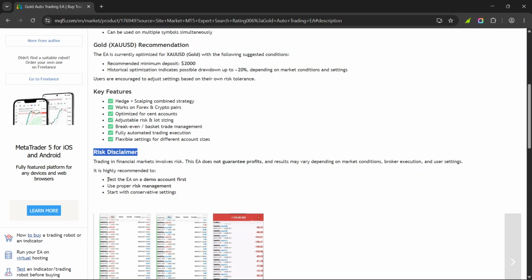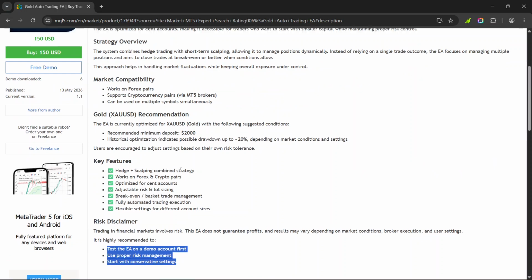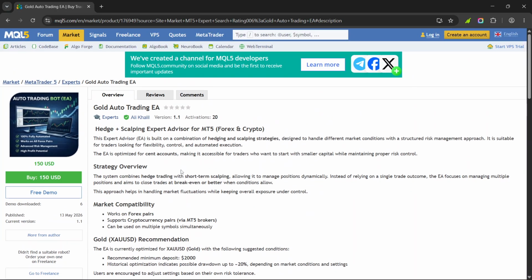I recommend testing the EA on demo first, using proper risk management, and starting conservative. That is solid advice from the developer.